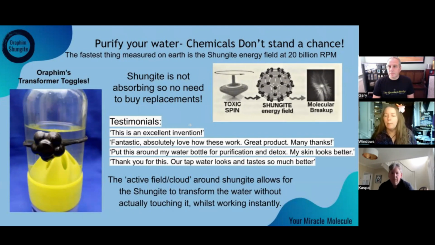He was doing experiments on the direction of spin. Everything in nature spins to the right, and everything going against nature spins to the left. The shungite energy is coming out of the stones at such a rate, 20 billion times a second, that the chemicals are breaking apart.